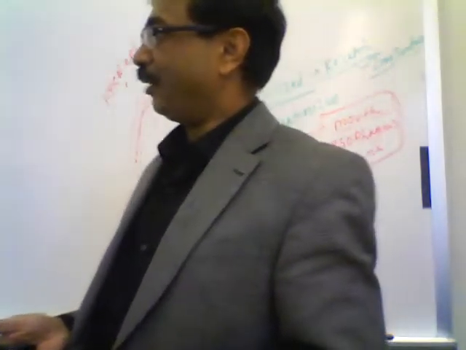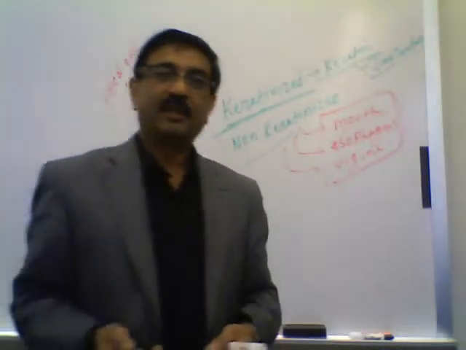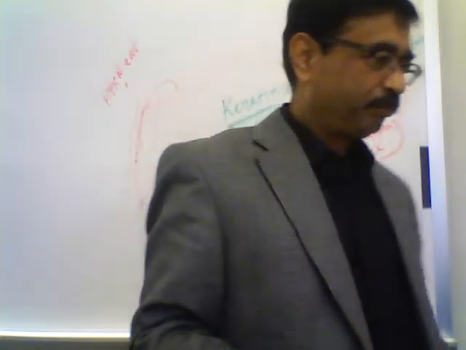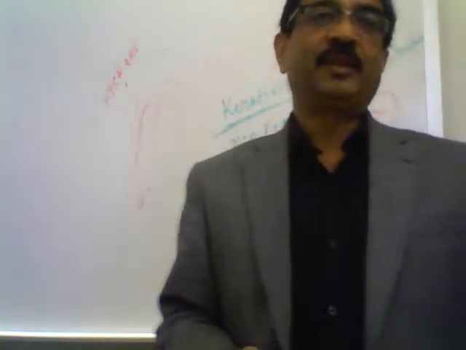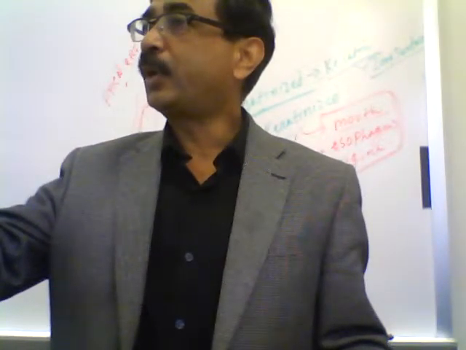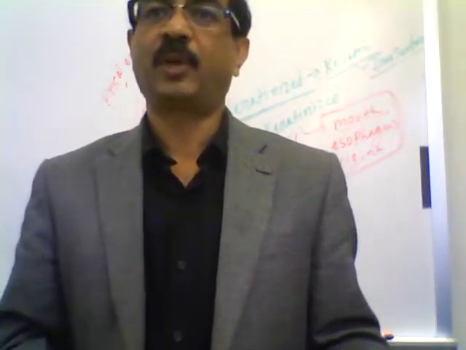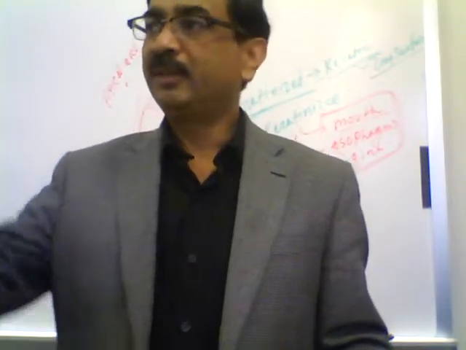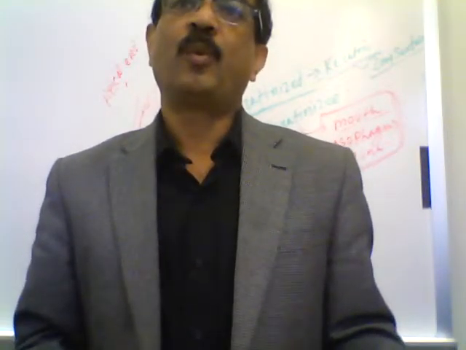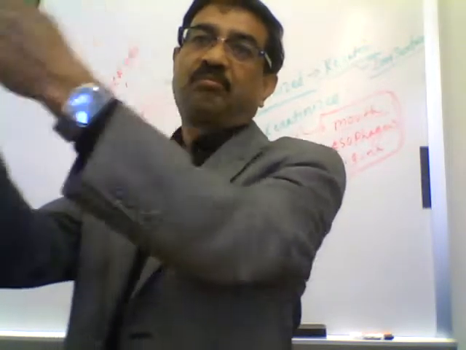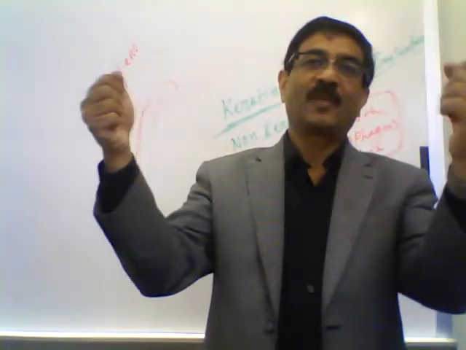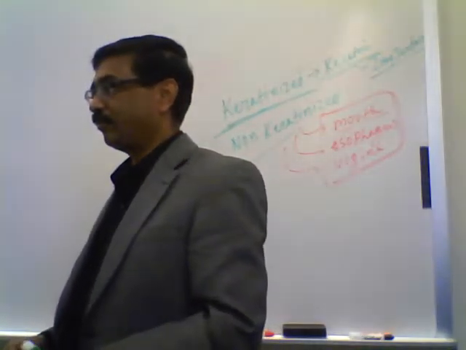Transitional epithelium. The cells change their shape. Transitional epithelial tissue has two important properties, very important. How many? Two. Number one, they can easily get stretched, can take pressure.